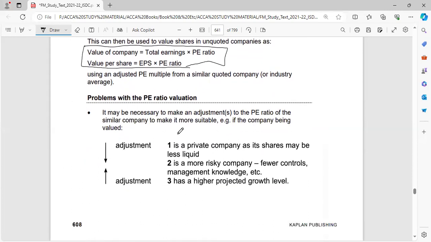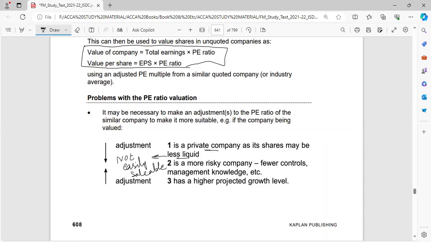Problems with the price earning ratio: the first one is that a private company's shares may be less liquid. What is meant by less liquid? Less liquid means not easily saleable, because a private company is usually not listed in the stock market. When it is not listed, we cannot determine its market value quite easily, and then it is not easy to sell at the market price.